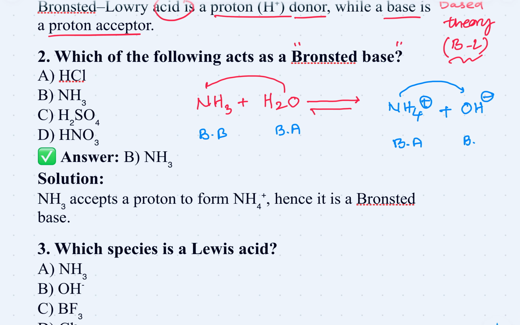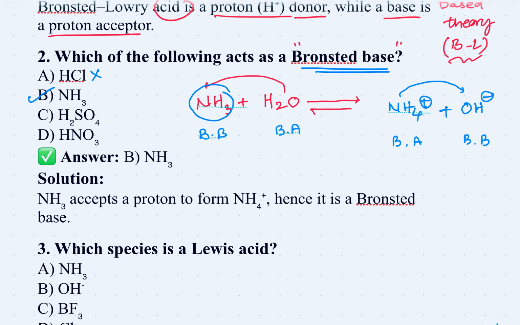It is a Bronsted base. Here also it is a proton based theory. So now tell me which of the following is a Bronsted base in the given options. HCl is what? Bronsted acid, just now we saw. So this is not a base. NH3 is what? Bronsted base. Just now we explained all these things.